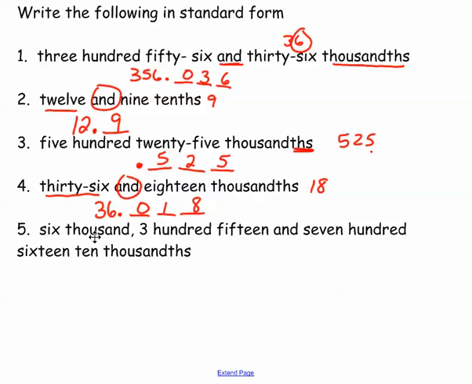Last one. 6,315 and, whew, that's a lot before the and, so let's do that first. 6,315. 6,315 and, so that's my decimal. All right, so now we need to write 716 ten thousandths. Ooh, we're going to ten thousandths there.